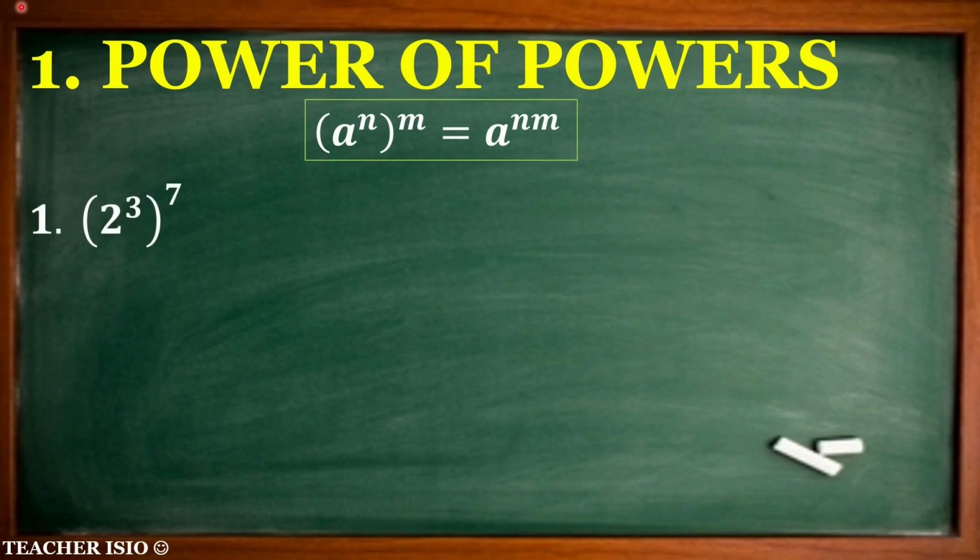So in number 1, we have 2 raised to 3 raised to 7. So, for us to find the answer, ang gagawin lang natin, you're going to multiply the exponent. Lagi niyong tatandaan, pag ganyan yung nakita nyo, you're going to get the product of the exponent.